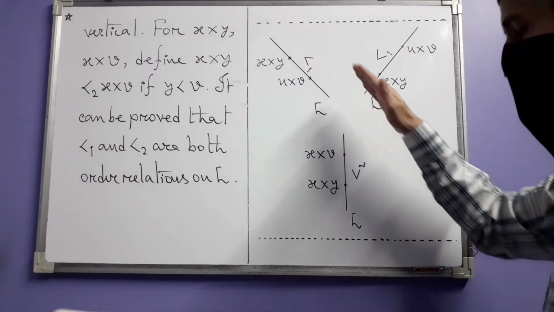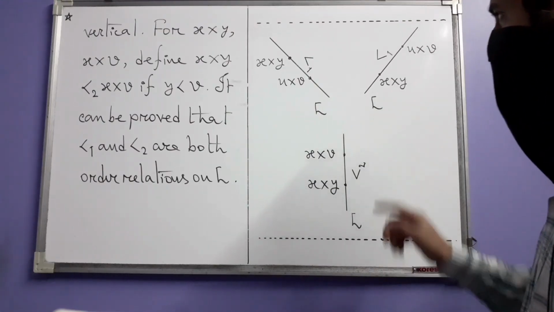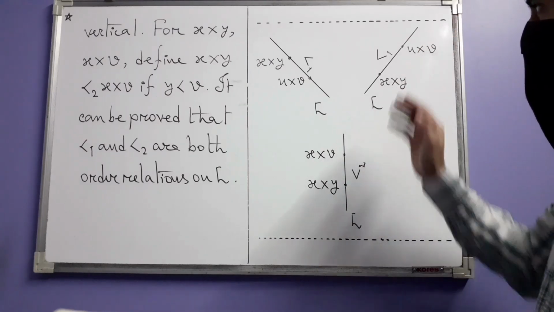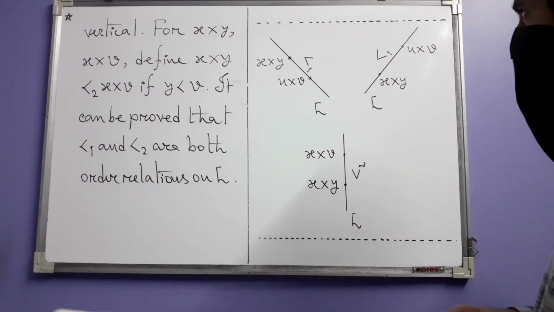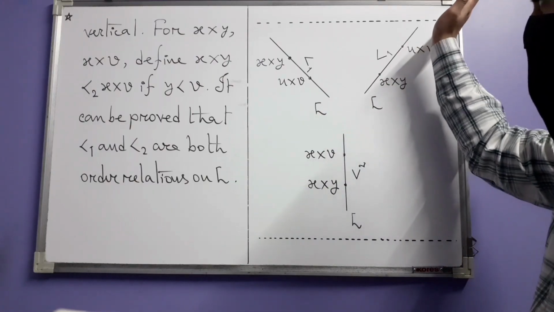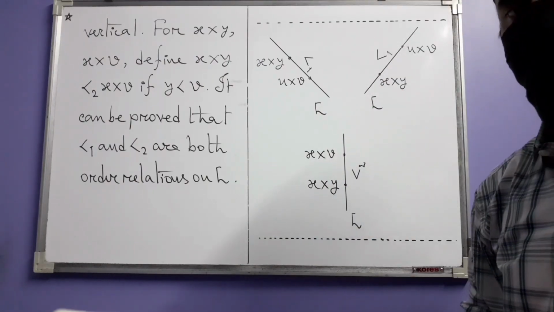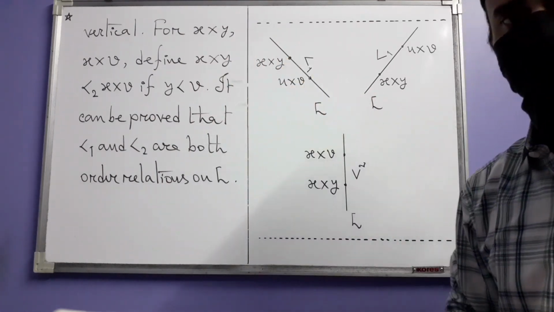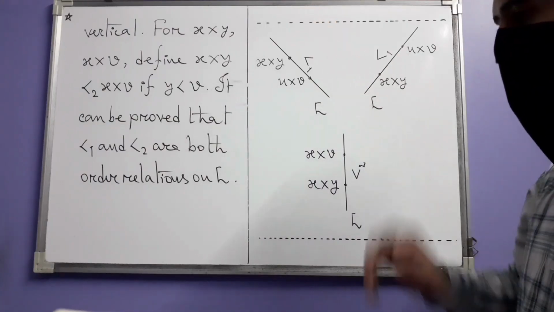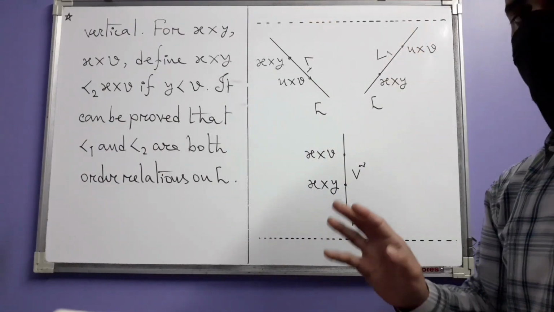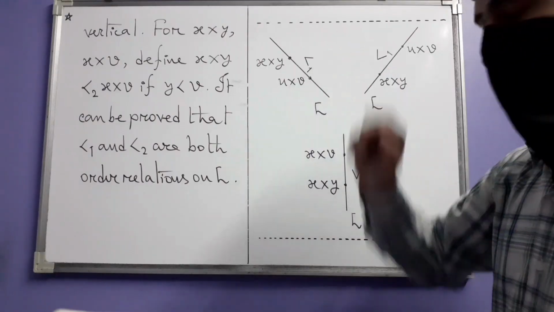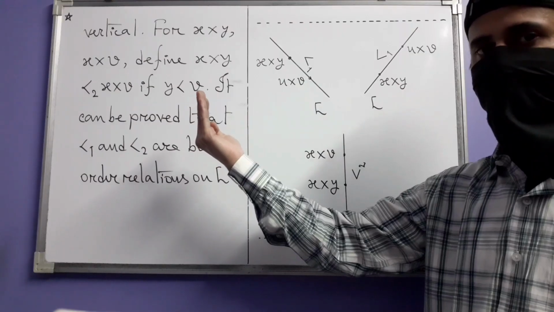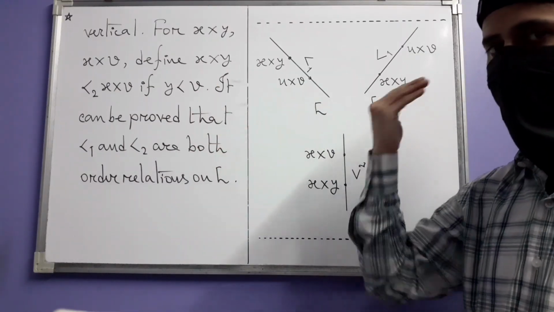In the other subcase, where the slope is positive, the definition stays the same, so if we go rightward along L, we get larger and larger points. It depends on how L is tilted whether we go down or up, which has nothing to do with this order relation. For this order relation, having a larger point means going to the right.